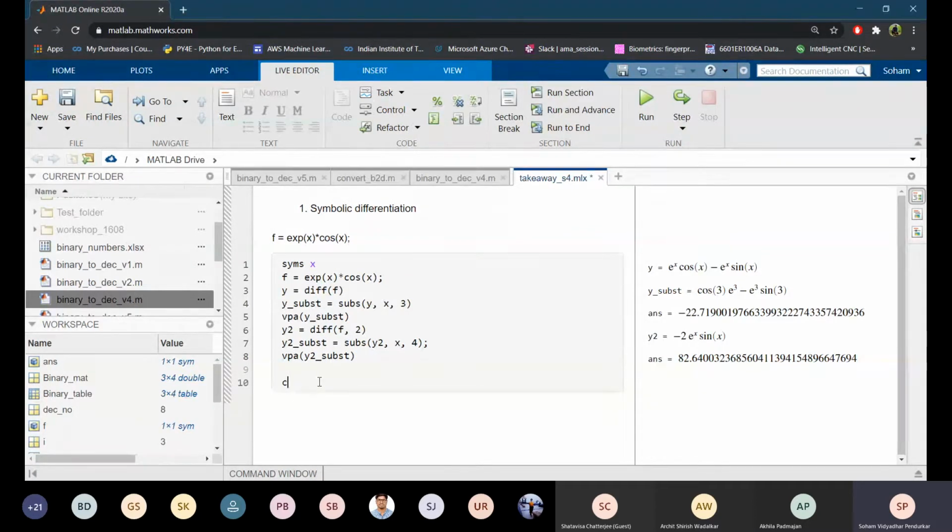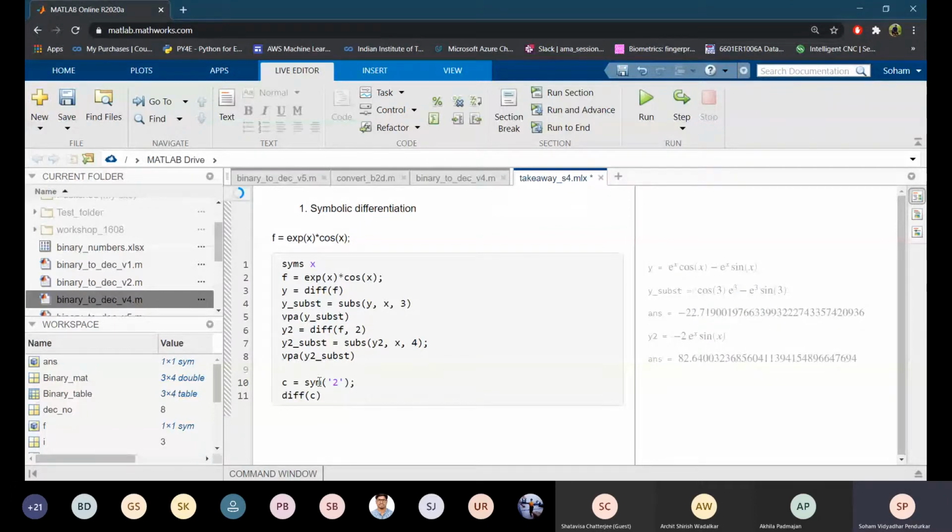So for example, c is equal to sym 5. What this means is that now I'm defining c to be a symbolic constant. So now if I differentiate c, it should give out 0, shouldn't it? So let's see. The answer is 0.